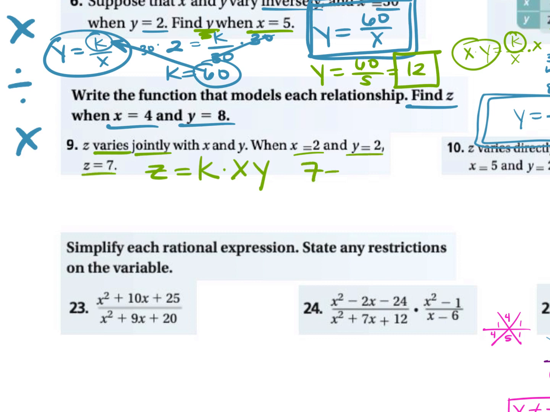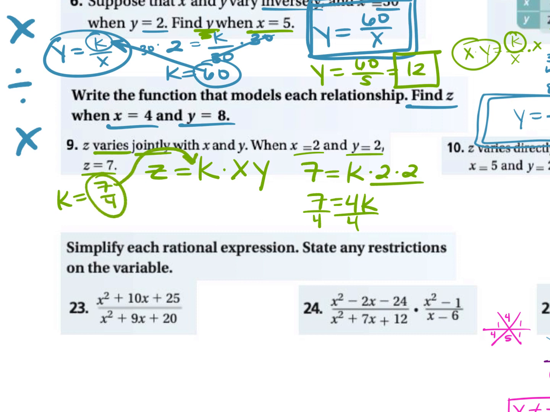So 7 equals k times 2 times 2. So 4k equals 7. So you'll divide by 4. So your k value is 7/4. So that is going to go here. Z equals 7/4 xy. So this is your specific equation.